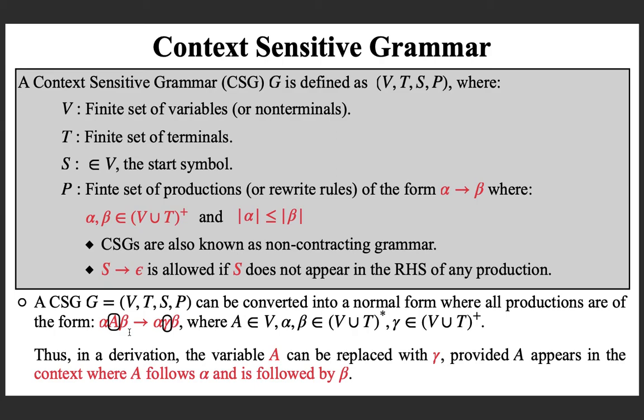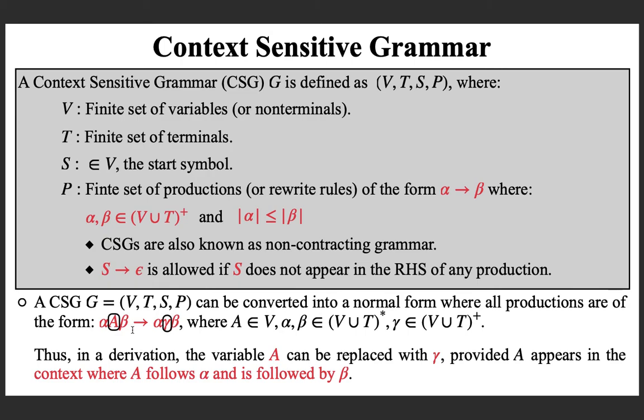Only in that context you can apply this production. Gamma can be a non-empty string of variables and terminals. To replace capital A, it must be preceded with alpha and followed by beta.